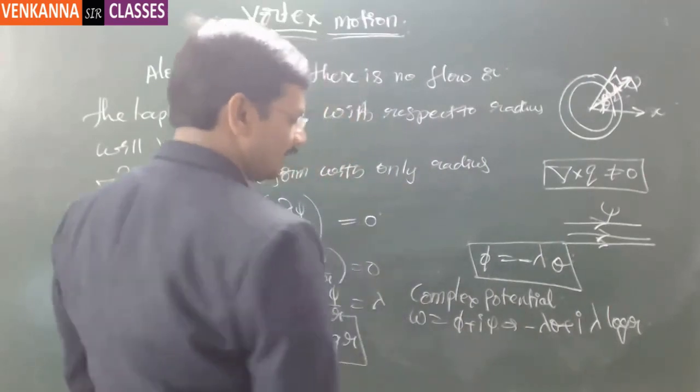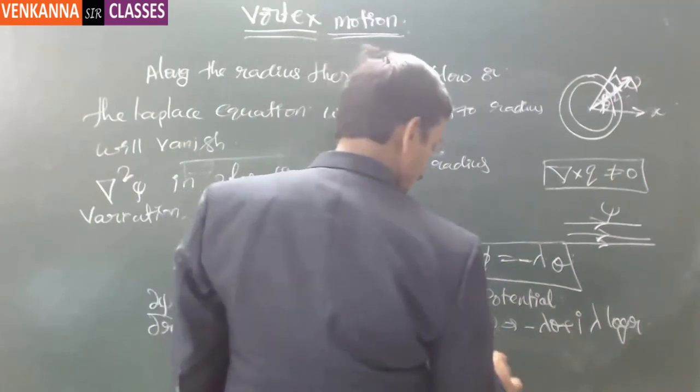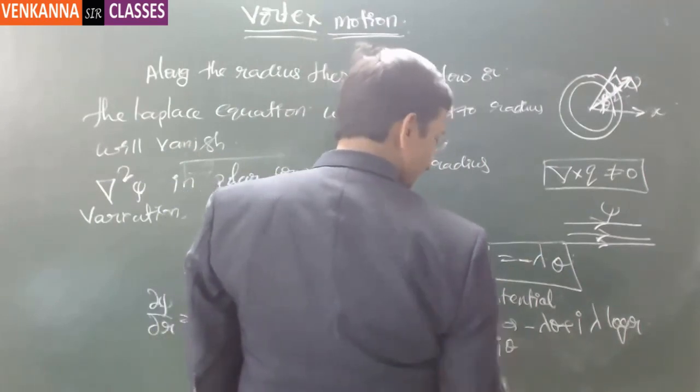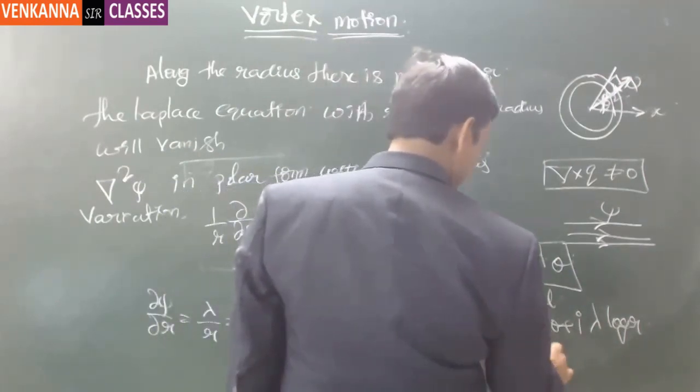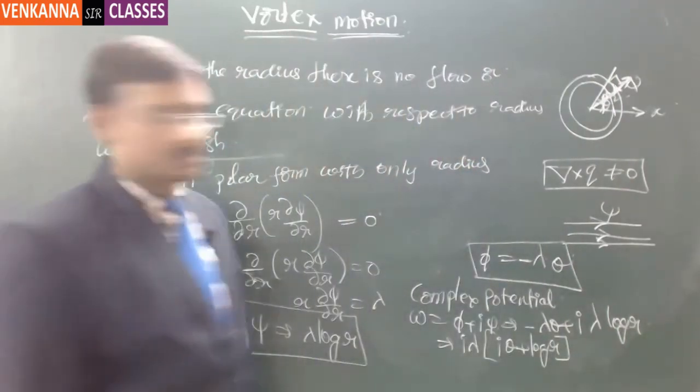Now if you take i lambda common, then this will be i lambda times (i theta plus log r).